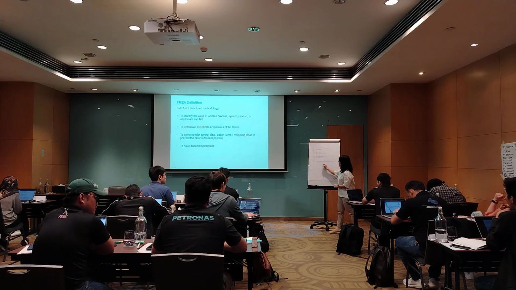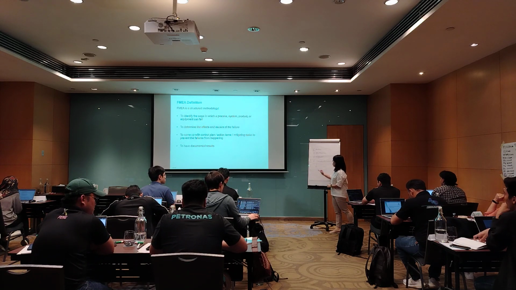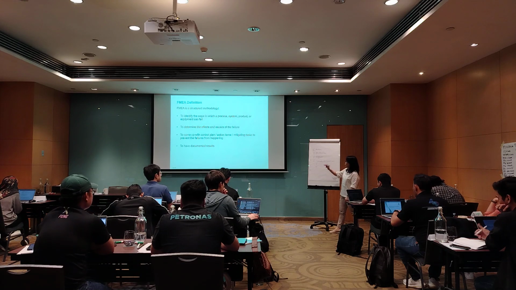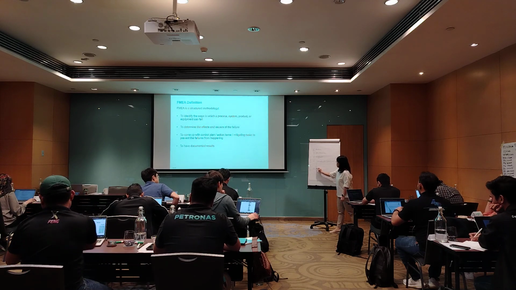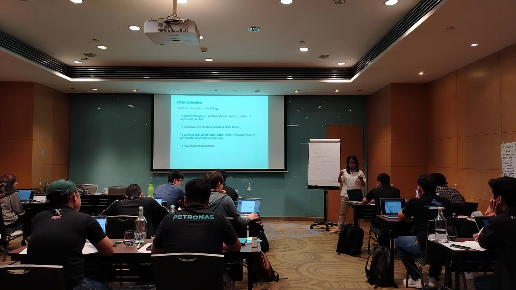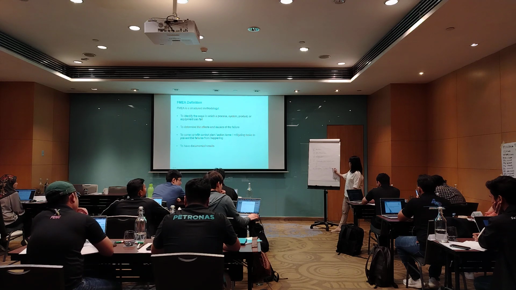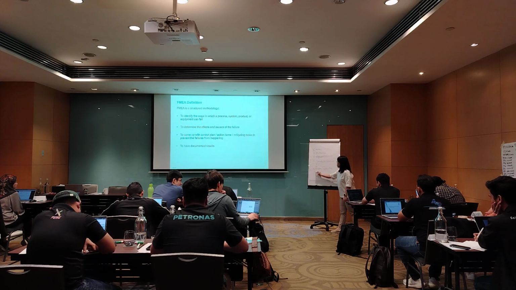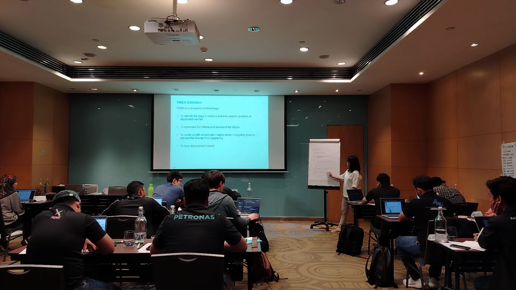After that, the outcome from here, you will have something like an action plan, or people have many terms, right? Action plan, what do you call that? Action item, what else? ITPM, what else? Task list, mitigation task, right?